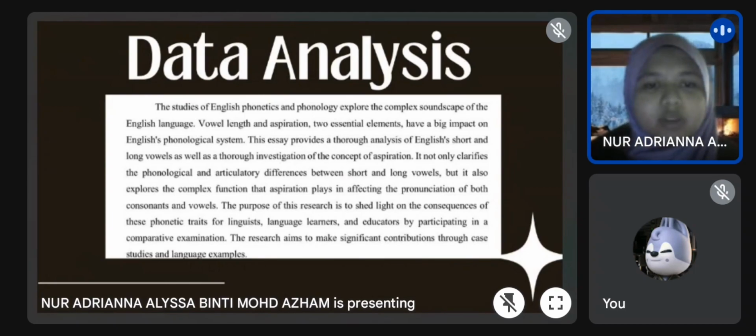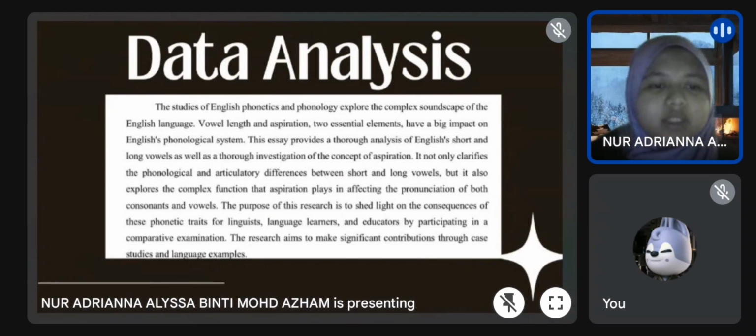This essay provides a thorough analysis of English short and long vowels, as well as a thorough investigation of the concept of aspiration. It not only clarifies the phonological and articulatory differences between short and long vowels, but also explores the complex function that aspiration plays in affecting the pronunciation of both consonants and vowels.